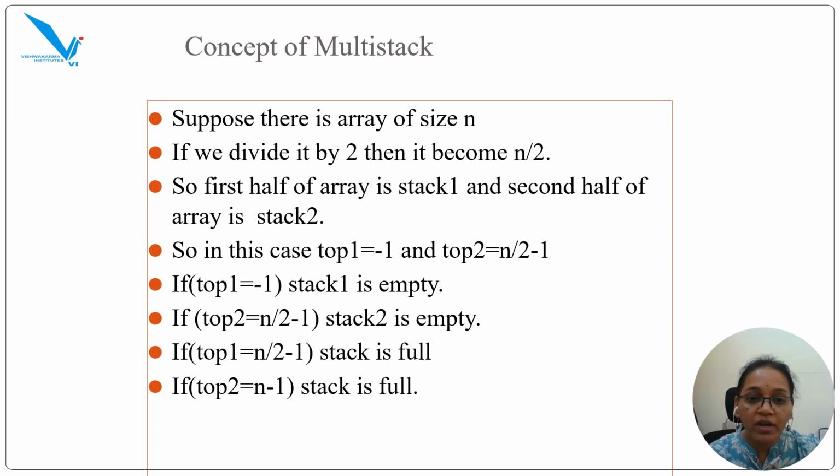Now if top 1 is equal to minus 1, stack 1 is empty, and if top 2 is equal to n by 2 minus 1, stack 2 is empty. And in case top 1 is equal to n by 2 minus 1, that means stack 1 is full. And in case top 2 is equal to n minus 1, that means stack 2 is full. So we can use a single array and implement multiple stacks on that also by managing the tops.